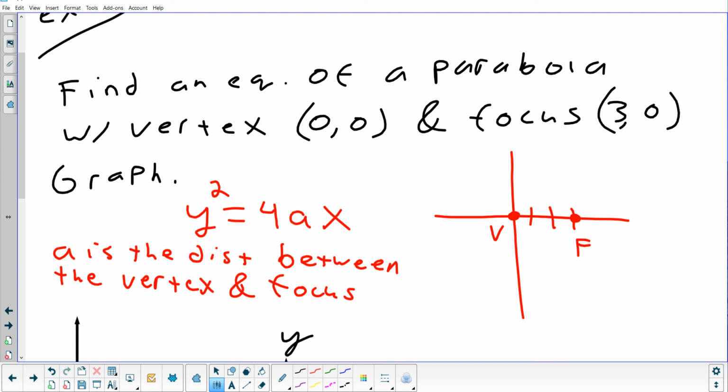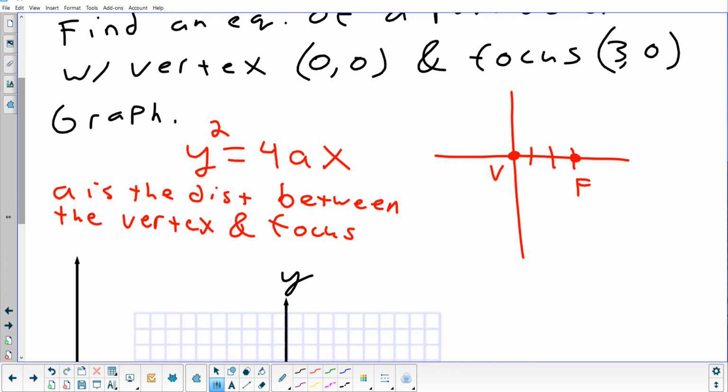So, look at this problem. And what is the distance between the vertex and the focus? 3. So you're going to fill in 3 for A, and that's your answer. So y squared equals 4 times 3x. I'll just write it like that, so if you're watching it, you know where the 12 is about to come from.